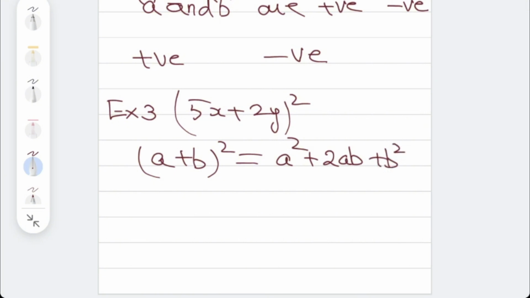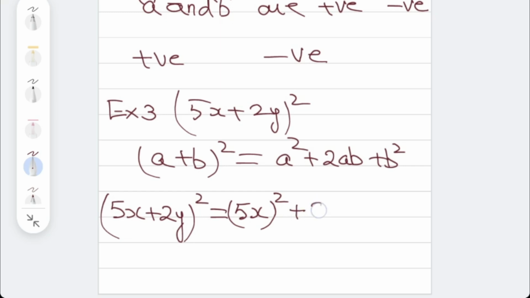So 5x plus 2y whole square will be equal to 5x whole square, in place of a we take 5x, and in place of b we take 2y, plus 2y whole square.